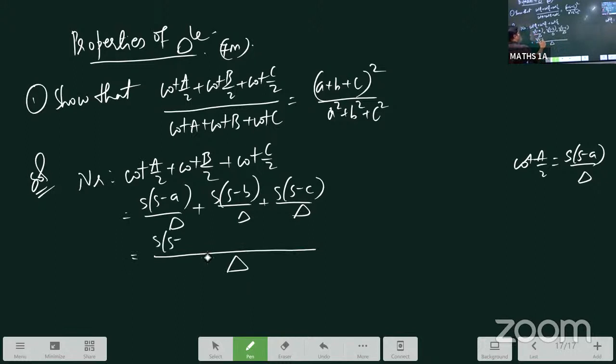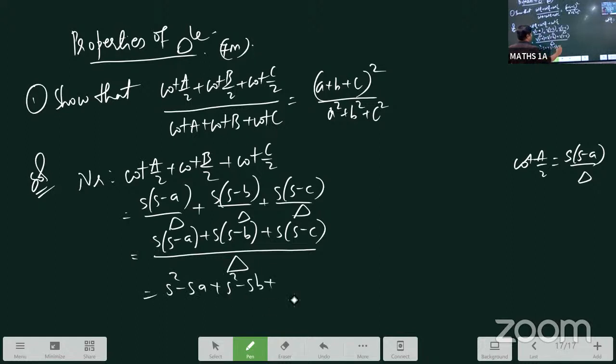So S into S minus A plus S into S minus B plus S into S minus C. That is nothing but S square minus SA, S square minus SB, S square minus SC, by delta.